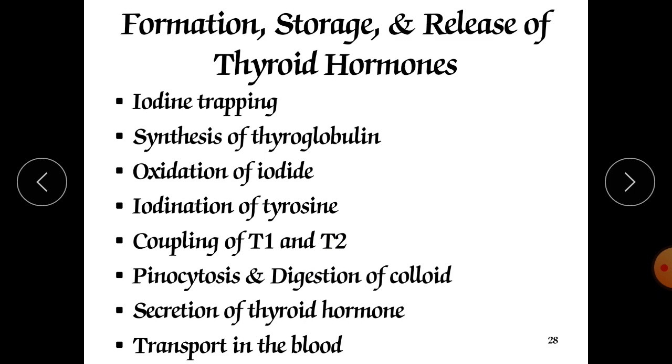In coupling, if 2 T2 join, they will produce thyroxine, which is the active form, acceptable for our body. Whereas when one T1 and one T2 join, they will form T3. T3 is very potent, but it is in inactive form, which is not that much required for our body.